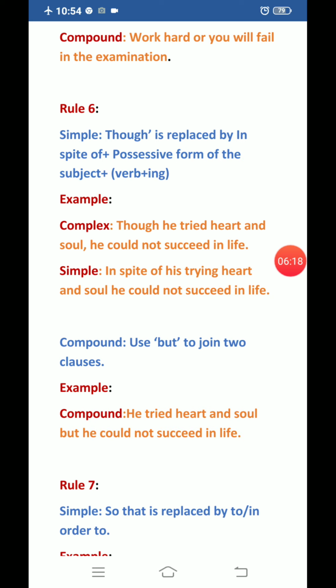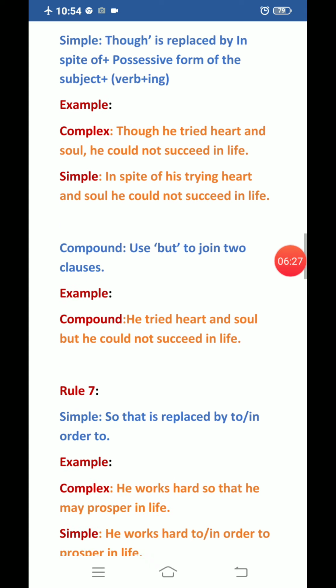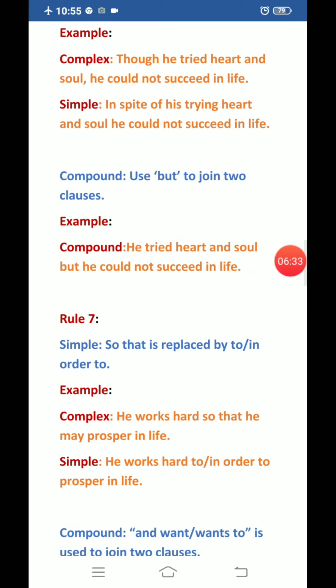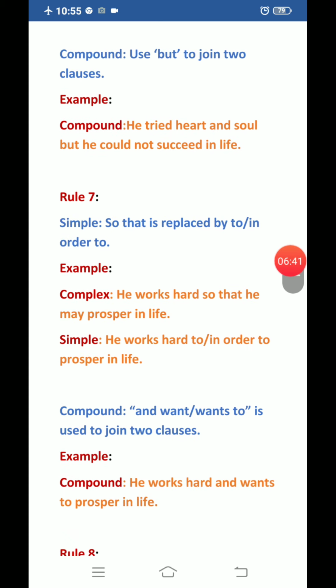Simple sentence: in spite of his trying hard, he could not succeed in life. Rule for compound sentence: use but to join two clauses. Example, compound sentence: he tried hard but he could not succeed in life.